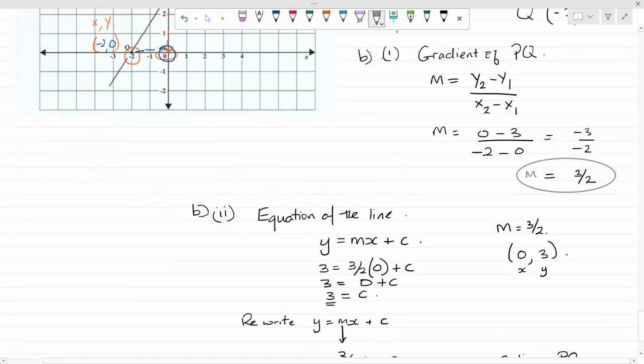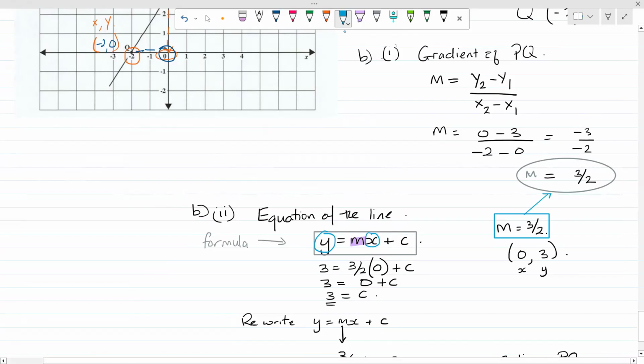Nice. This is my formula. We want to substitute values for here, and for here. M is 3 over 2. I got that from here.